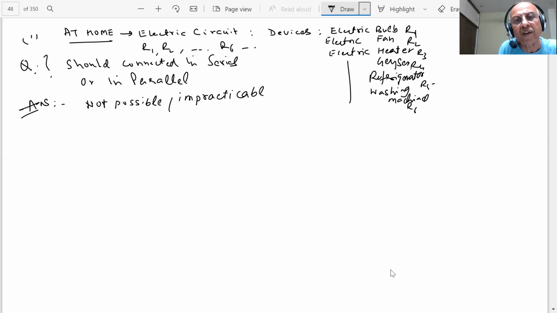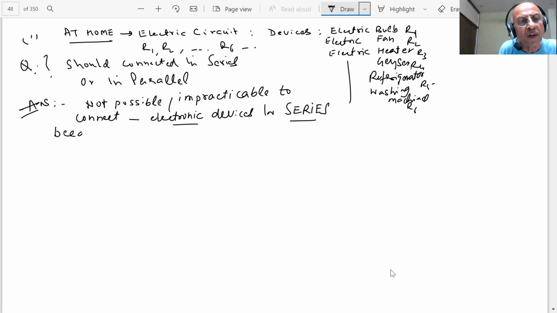It is impracticable to connect these appliances, these electronic devices, in series. Why?